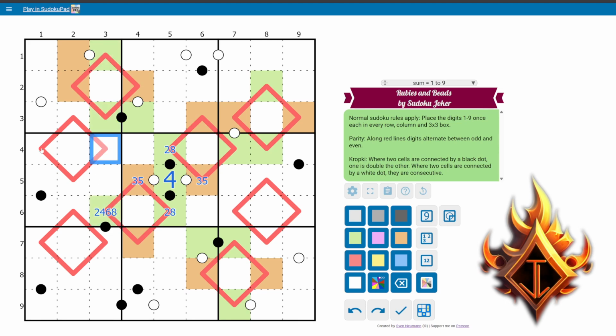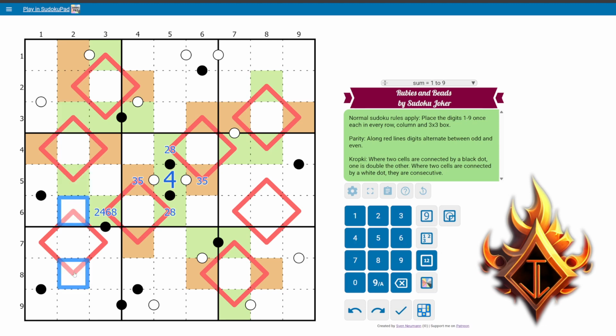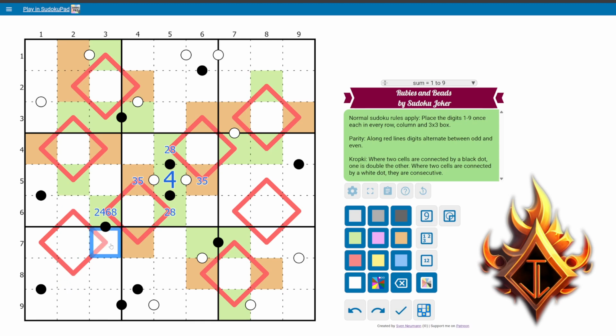Oh, these cannot be even because there would be five in the row, so they are odd. These will be even. And now, these could still be even though. Can this one be even? If that was even, that would be even. The last even is going to be here.